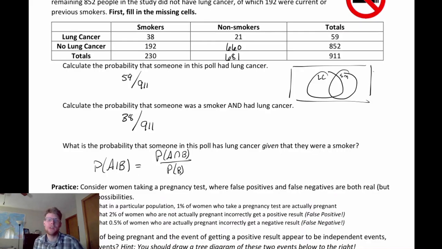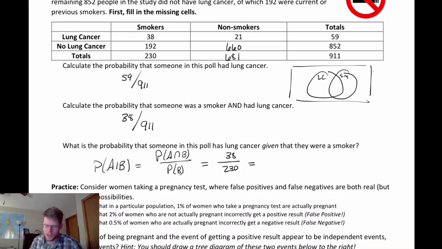Since we're working with frequencies, it would also be fine to plug in the number of people who meet A and B divided by the number of people generally in B. In this case, the number of people who both have lung cancer and were smokers is 38 still, and we're conditioning this over the number of people that were smokers in general, which is 230.